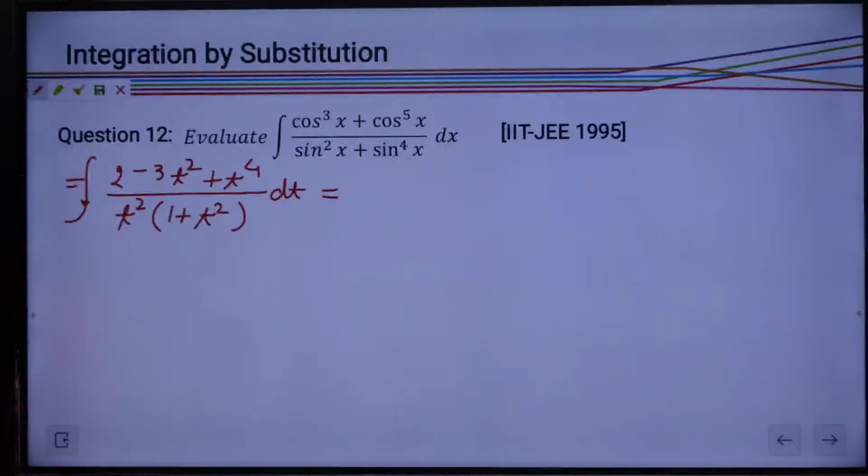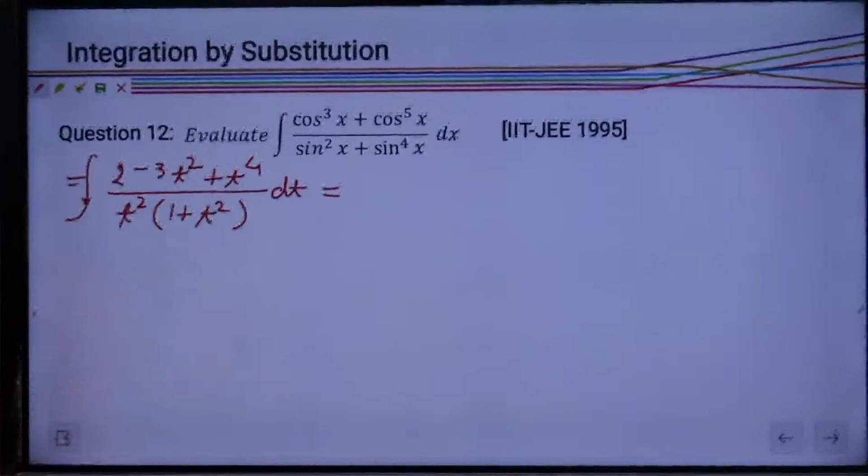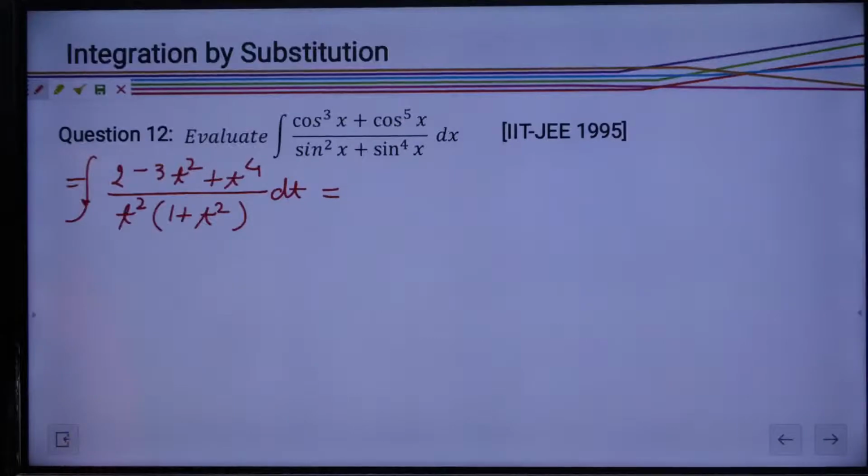Now it's in simple algebraic functions, the polynomial functions we have. So we can look at partial fractions, to break this term into partial fractions, and then we can proceed for the simple integration.